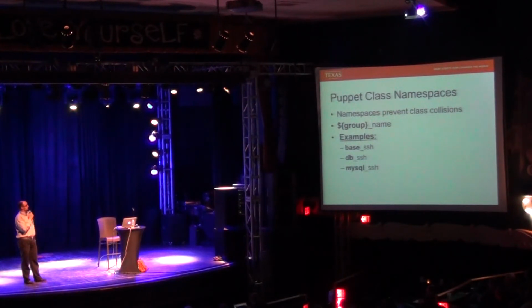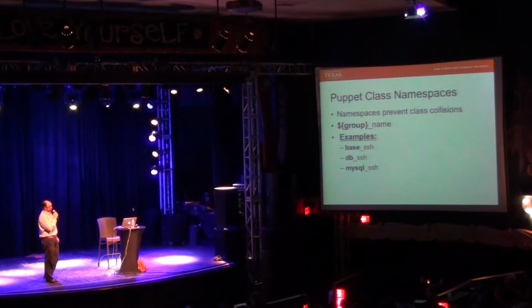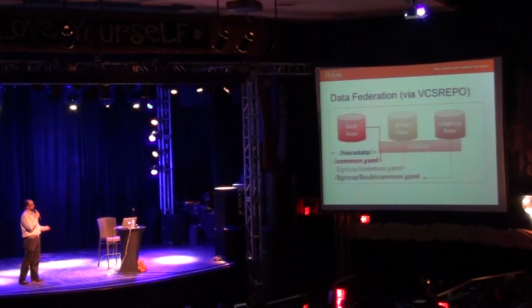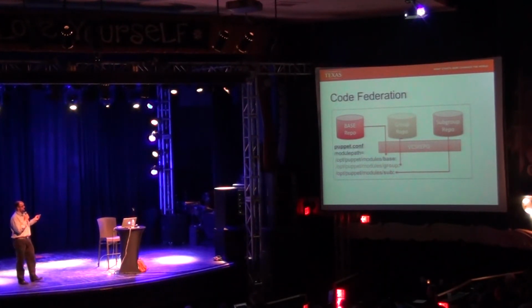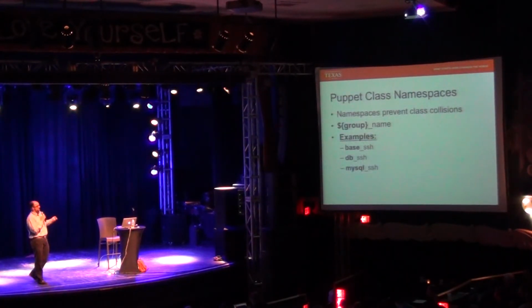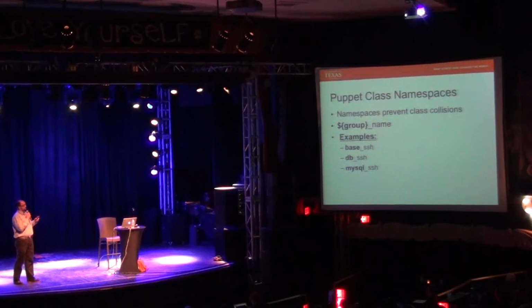Same kind of idea. Now, the one thing that certainly occurred to us is that we're putting all of our modules in the same module path. So what if we name them the same? And so what we ended up doing, following kind of the standard Puppet Forge approach, is that we actually namespace our classes.